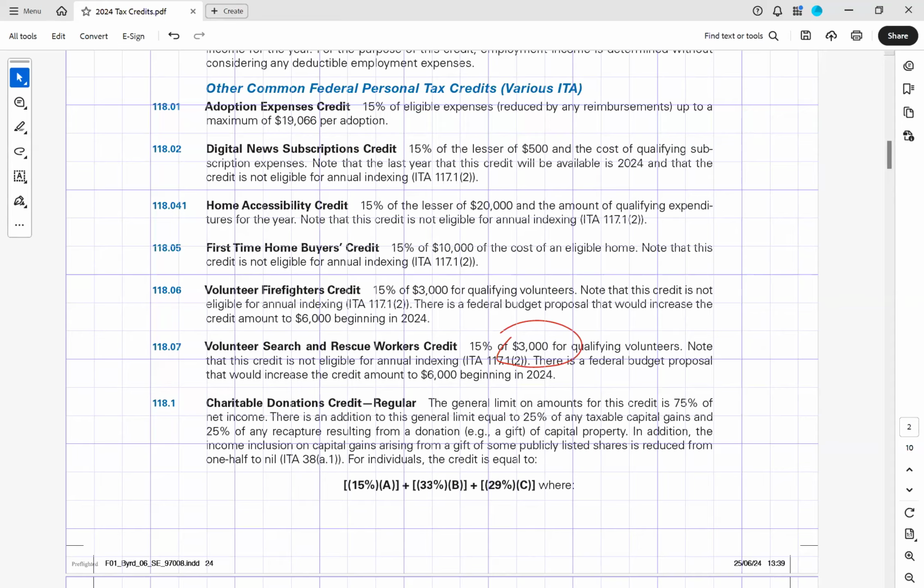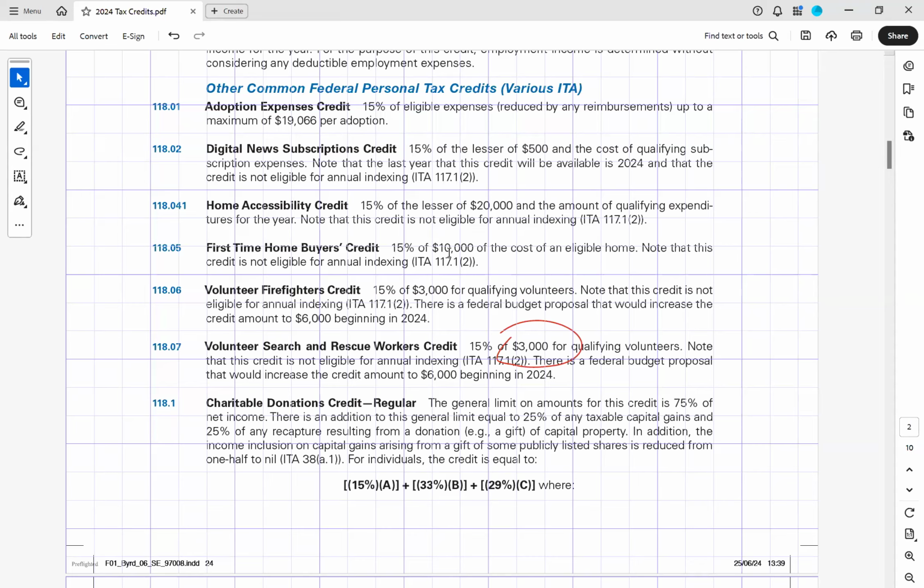And yes, she has to include the $200 in income, but even if she's taxed at, let's say, 26%, she's going to have a greater reduction. 3,000 times 15% will reduce her taxes by $450, and that's going to be a far greater reduction than the taxes she will pay on the $200 she has to include in income.